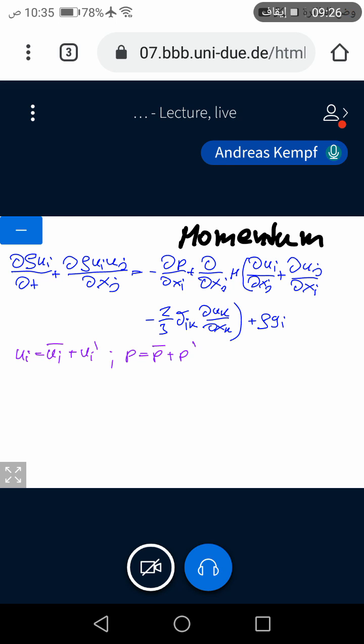We again assume that we have a constant density. If the density is constant, then we can take the density out of the differentials, and we can also look at terms that will become zero.